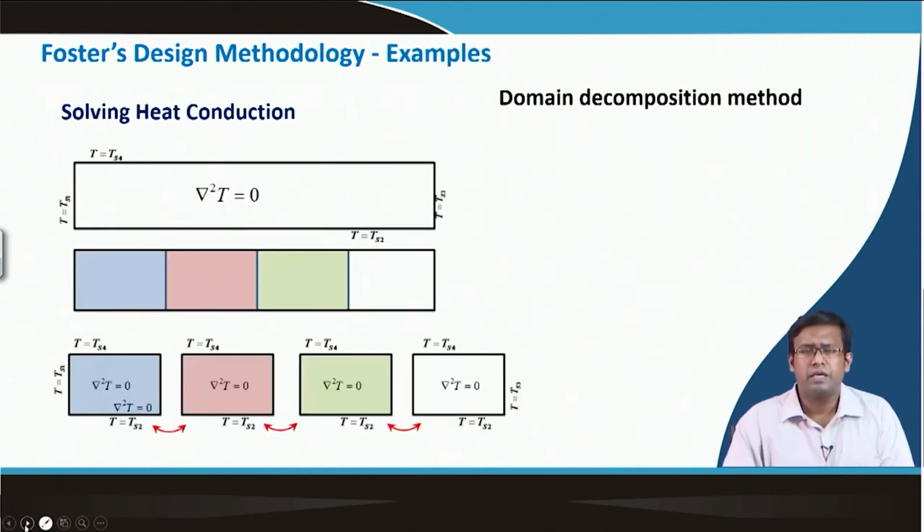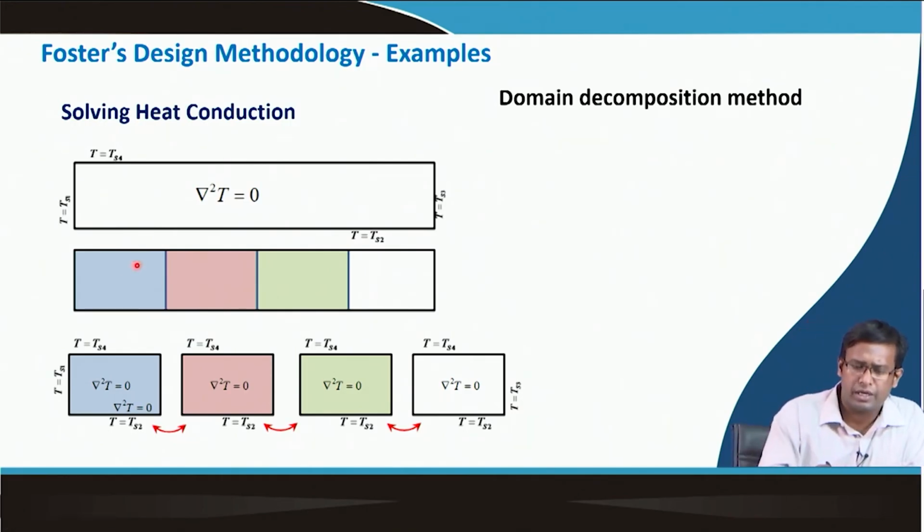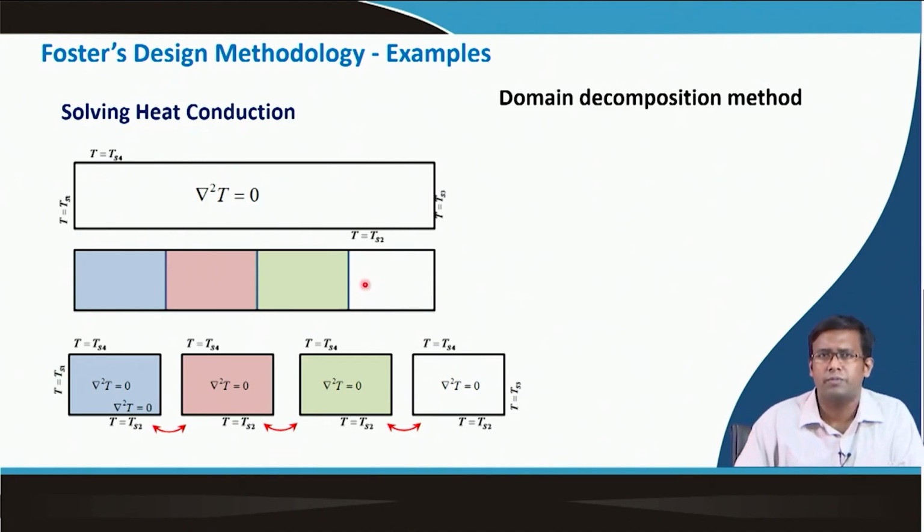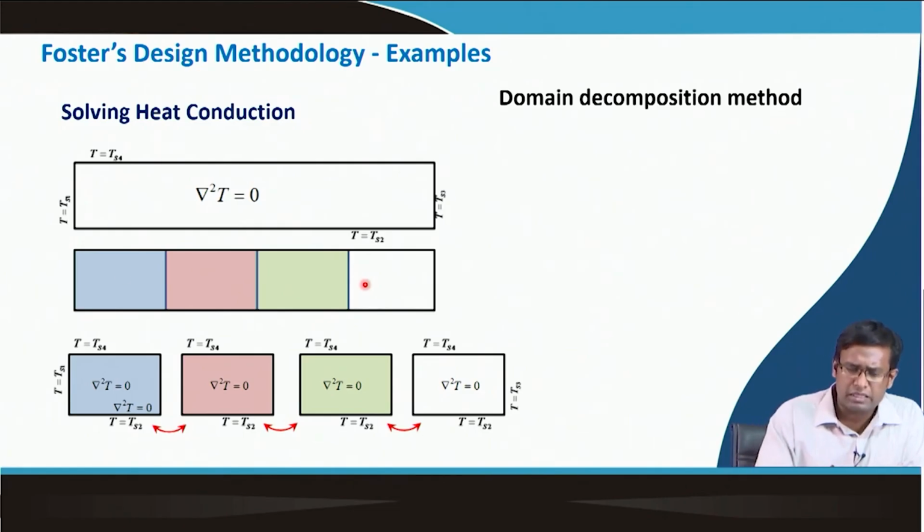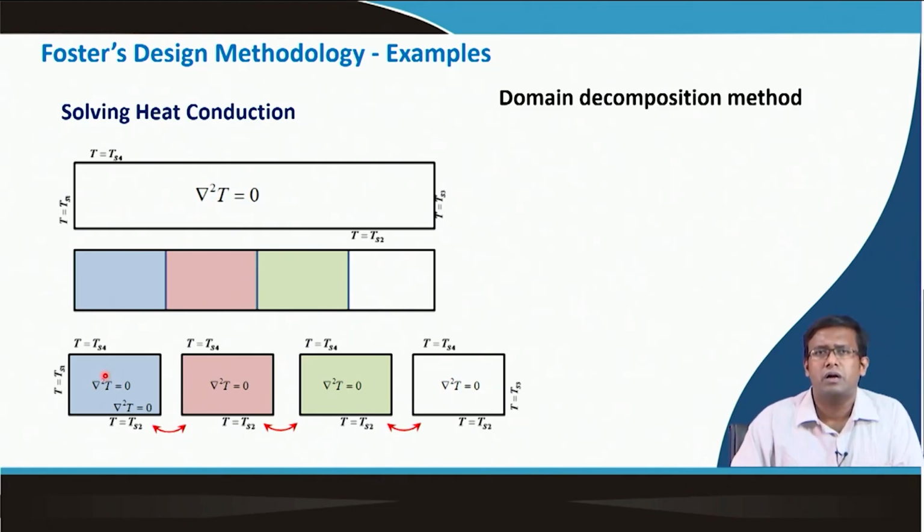So, we see quickly a couple of examples. First is a heat conduction problem, which is solving the Laplacian of temperature over a domain, and we use something called a domain decomposition method, in which the entire domain is broken down into 4 subdomains. We are showing 4, it can be more, and the problem inside each subdomain is solved concurrently.